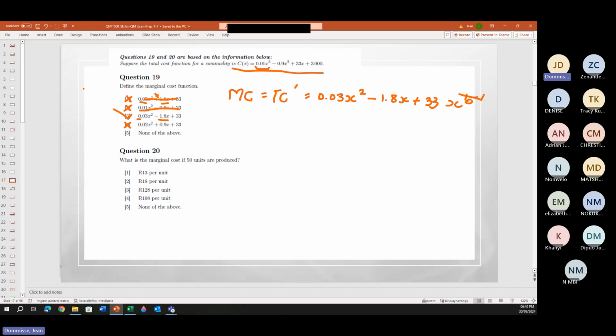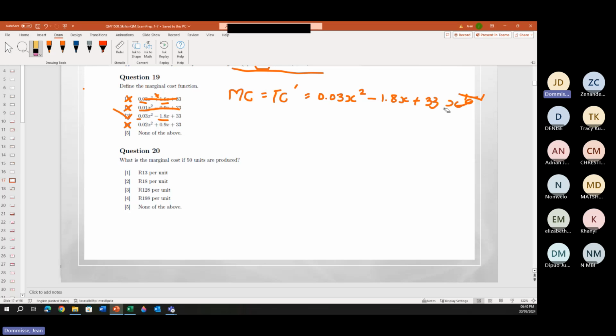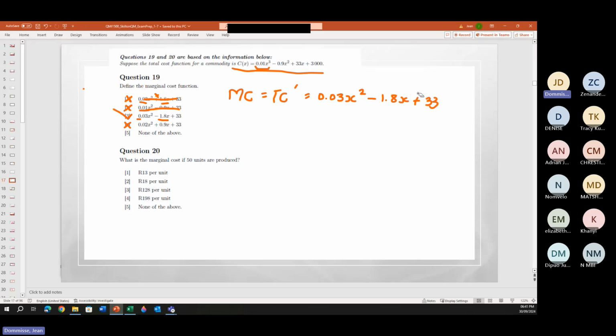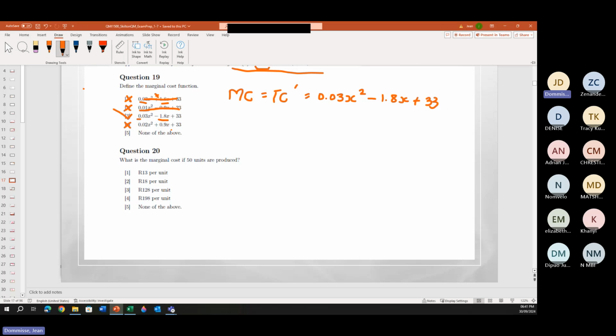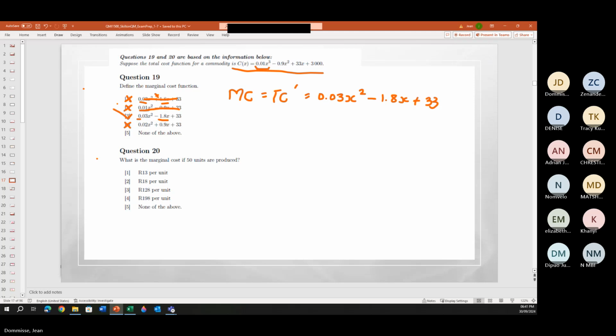X to the power of 0 is 1. So we are left with 33. And then the constant falls away. So our final answer is 0.03x to the power of 2 minus 1.8x plus 33, which is option 3 for this one.